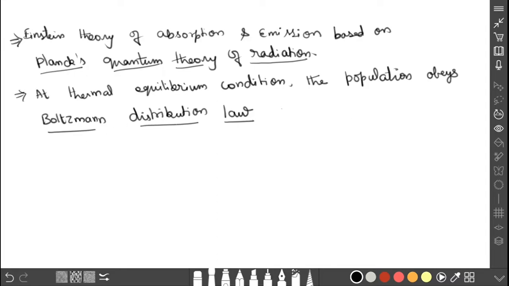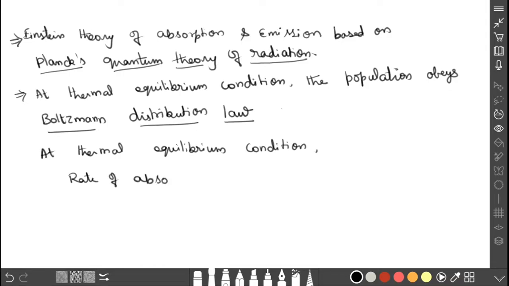The first part is, at thermal equilibrium condition, rate of absorption is equal to rate of emission.